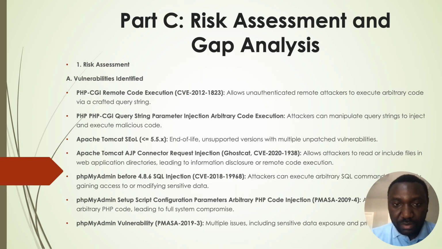So now for part C, which is the risk assessment and gap analysis. When I was doing the Nessus scan, I found several vulnerabilities, but I was only able to screenshot 4, and actually I got 7.